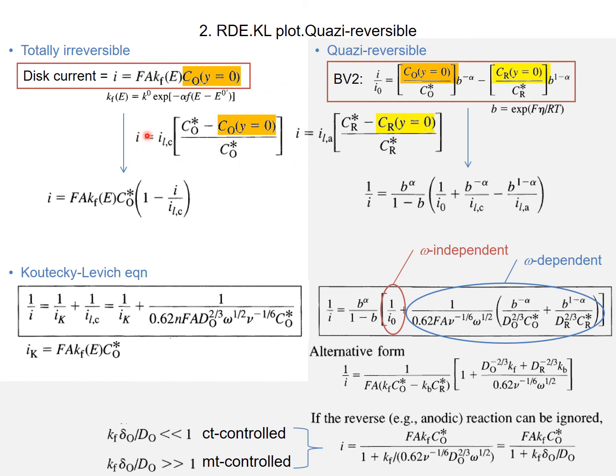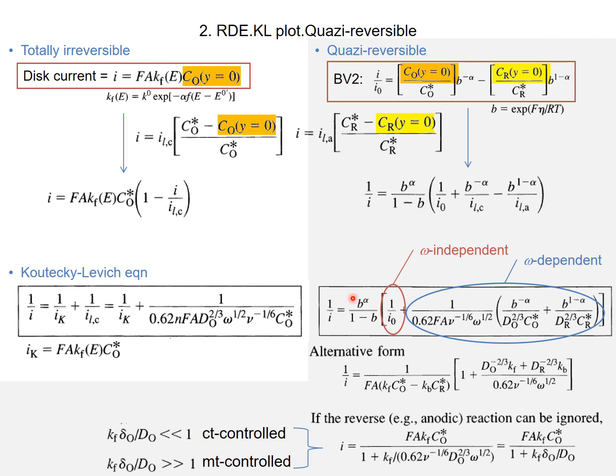Current can be described by the limiting current with the concentration term from the viewpoint of oxidized species and from the viewpoint of reduced species. Then, by combining those three equations, we could obtain another version of the Koutecký-Levich equation.